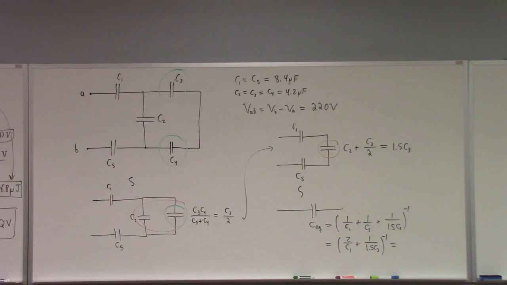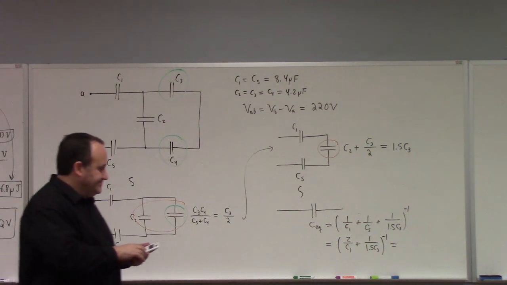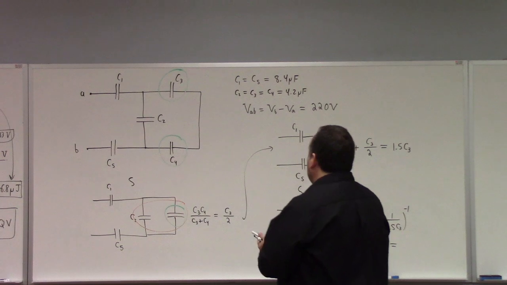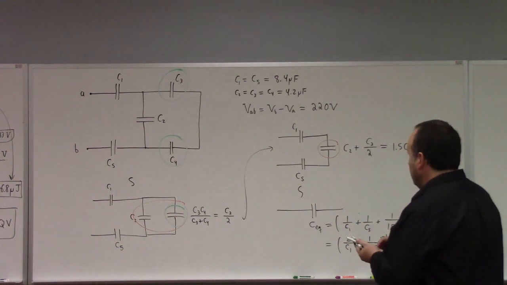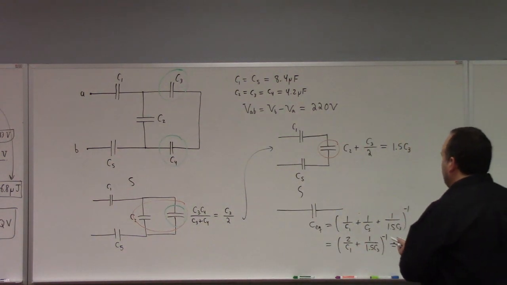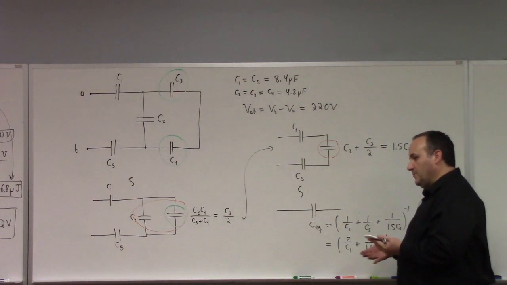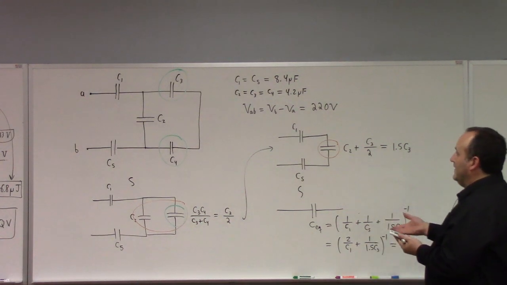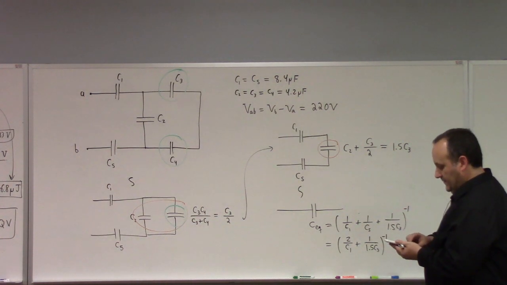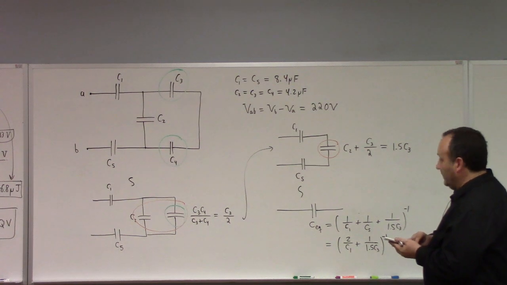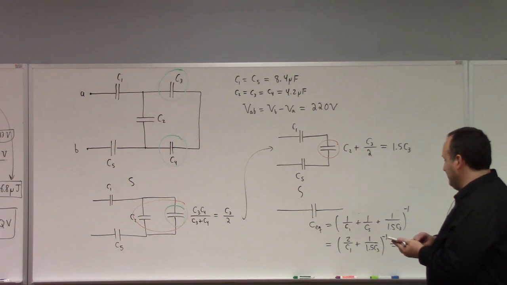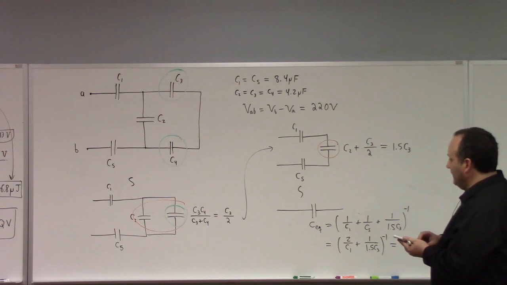So now we can see what we get. So I got 2 divided by, and the thing is, as long as I'm consistent in my units, I know that I'm going to get a microfarad as an answer. So I don't put the microfarad into the formula. I just do 2 over 8.4, 2 divided by 8.4, plus 1 divided by parentheses 1.5 times 4.2.